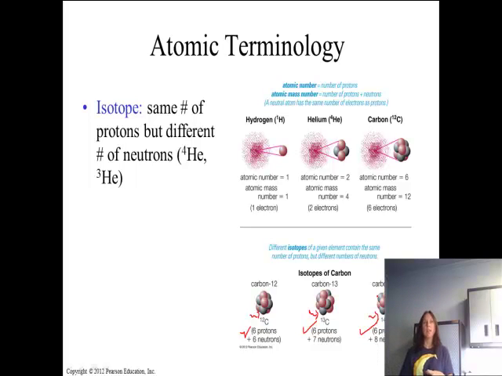Now, in this case, a mass number of 13, it's got one more particle in its nucleus than the carbon 12. And guess what that particle is? Another neutron. So if you take 13 minus 6 protons, that gives you 7 neutrons. For mass number 14 for carbon, you take 14, from that you subtract the 6 protons, that gives you 8 neutrons. See how that works?